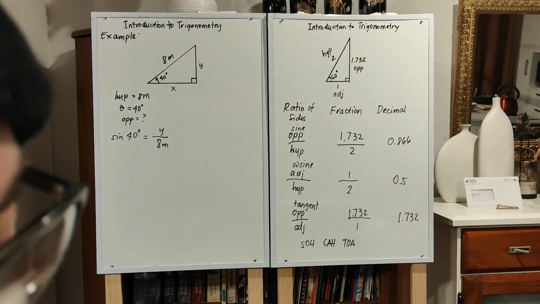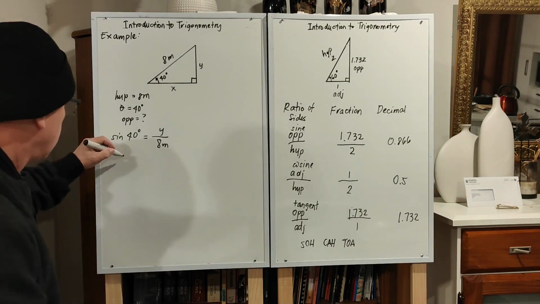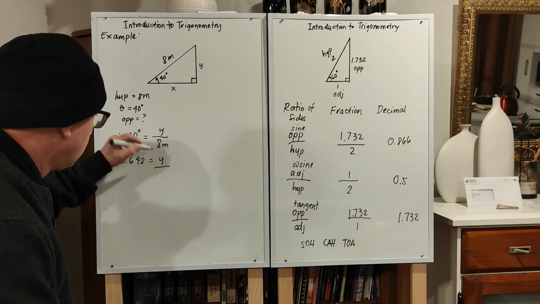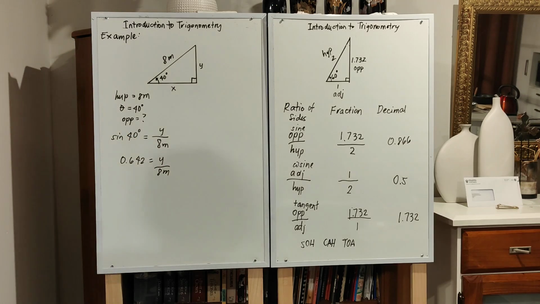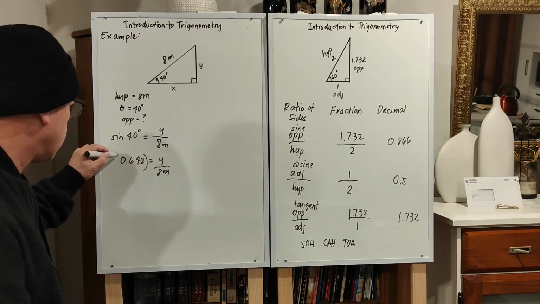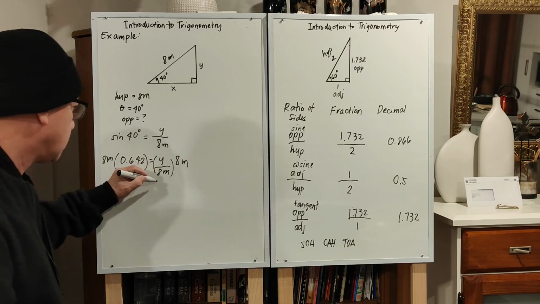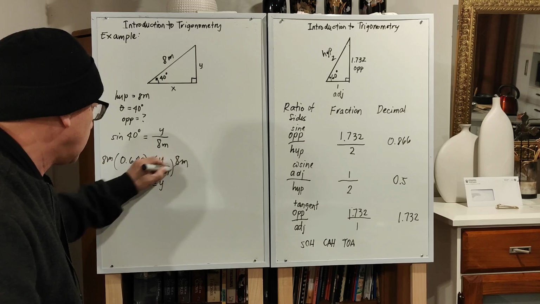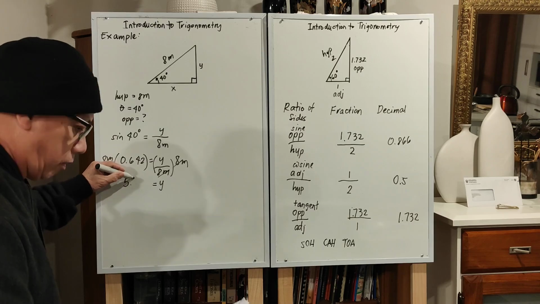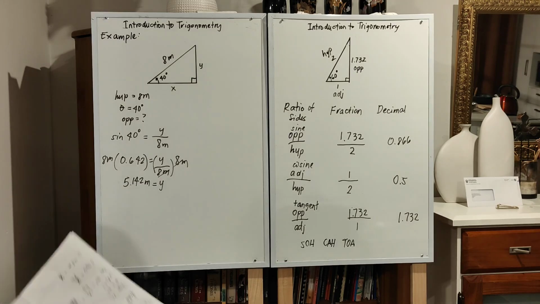Now we can replace sine 40 with the ratio that we found, 0.642 is equal to y over 8 meters. Now we're looking for y. There's a denominator. We multiply both sides by 8 meters. So we get y. This will cancel out. So 8 times 0.642 is 5.142 meters. So that is your y.